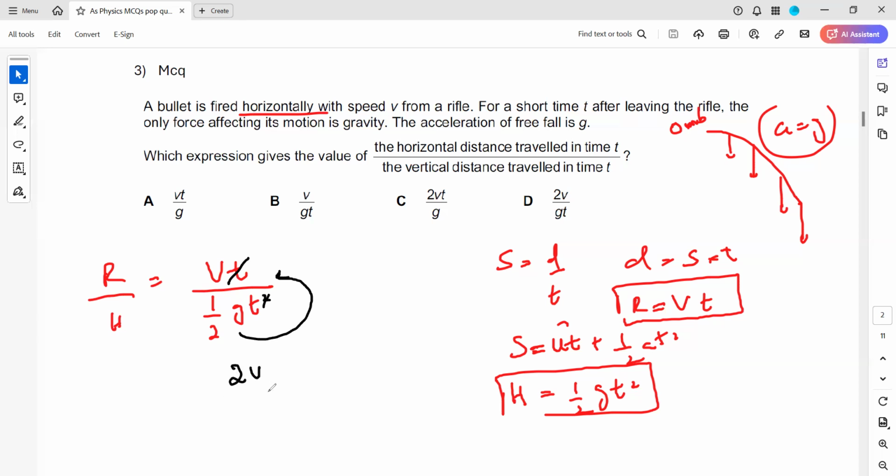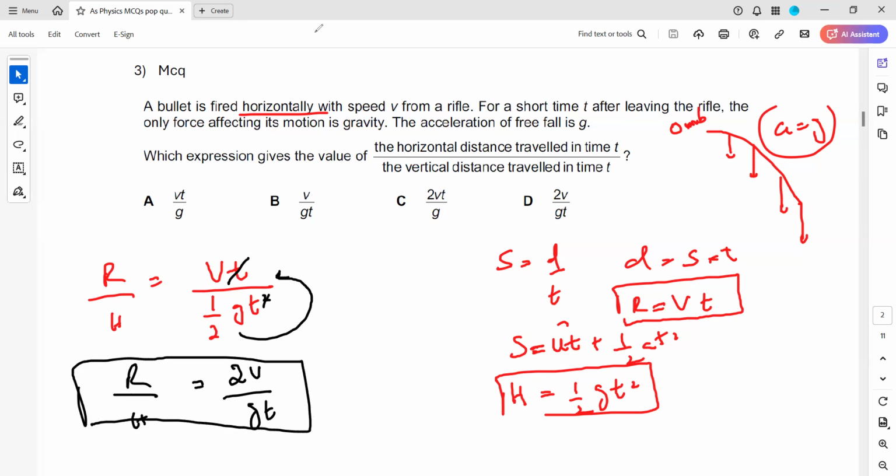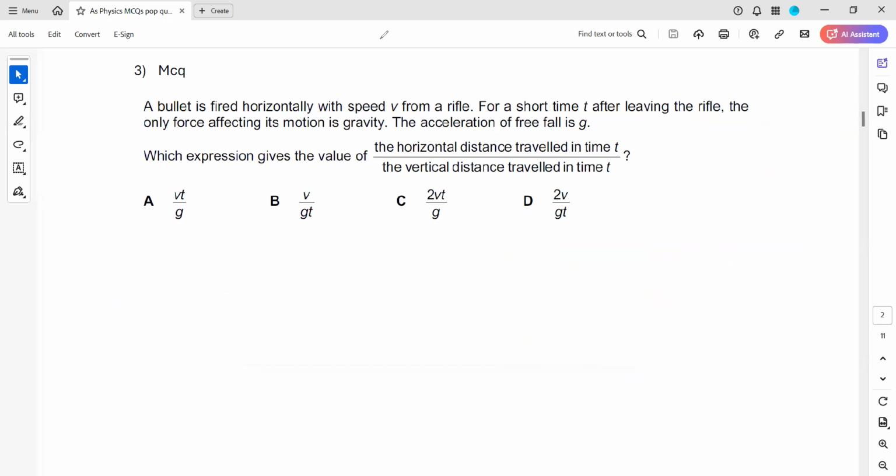So this will become 2v divided by gt. So the ratio between the horizontal and the vertical distances is equal to 2v divided by gt. Is it clear? So whenever a projectile is launched, the horizontal distance is speed multiplied by time. But for the vertical, we always use the equations of motion.